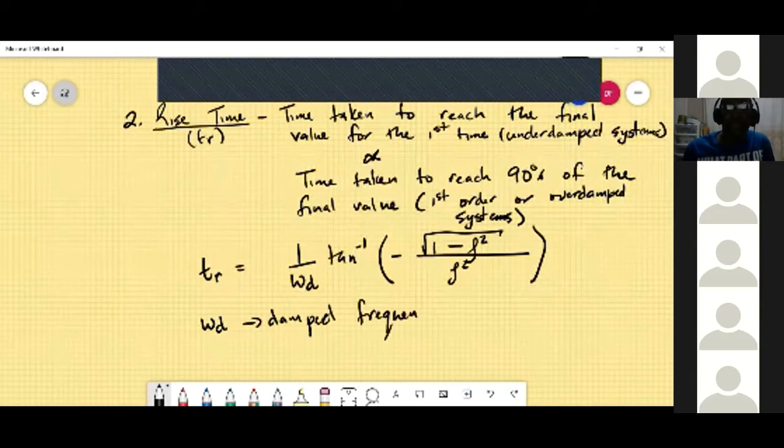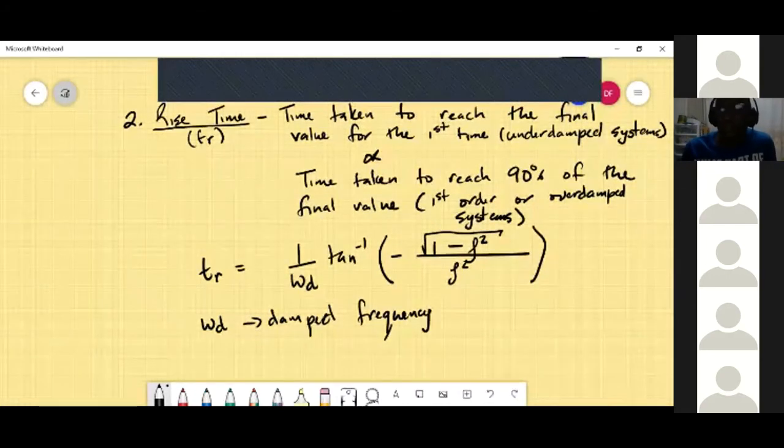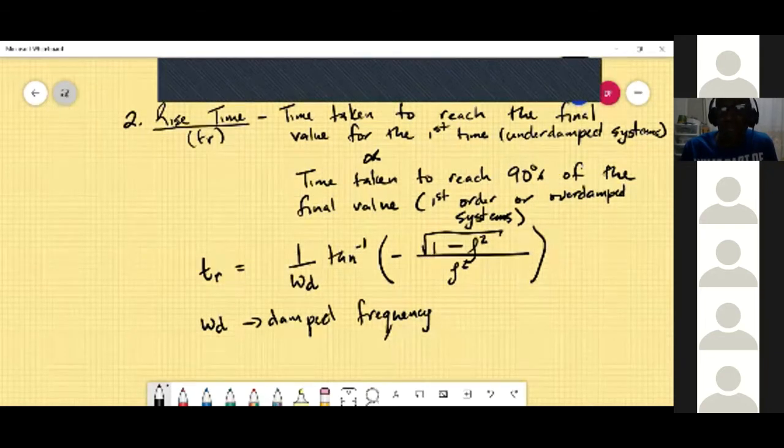So when you have the child in the condensed milk, the frequency at which that swing oscillates, that is the damped frequency. Whatever medium the thing is oscillating in, or whatever is holding it back, that frequency is the damped frequency.